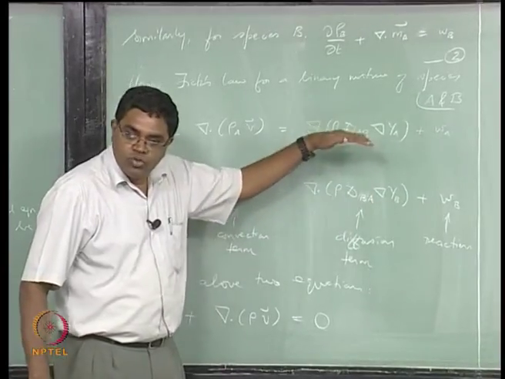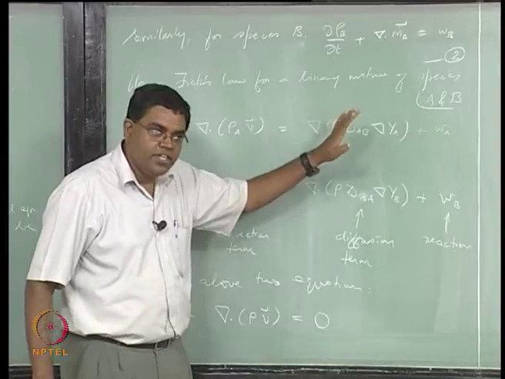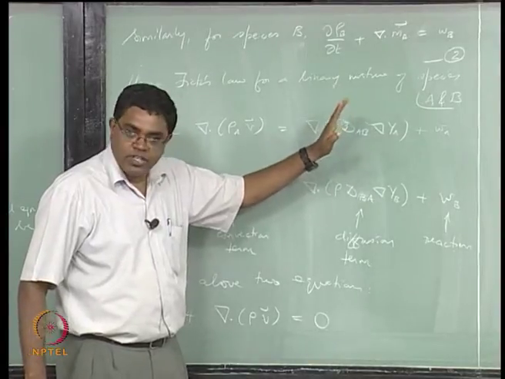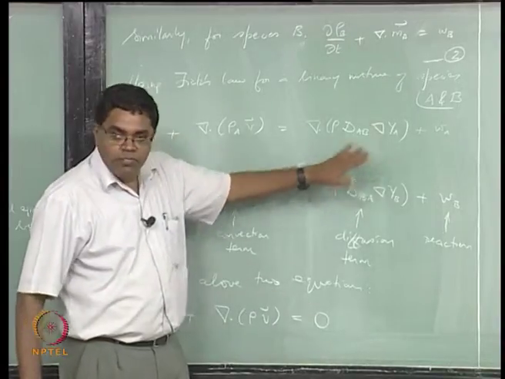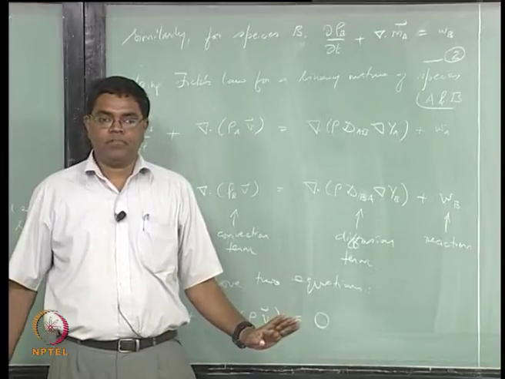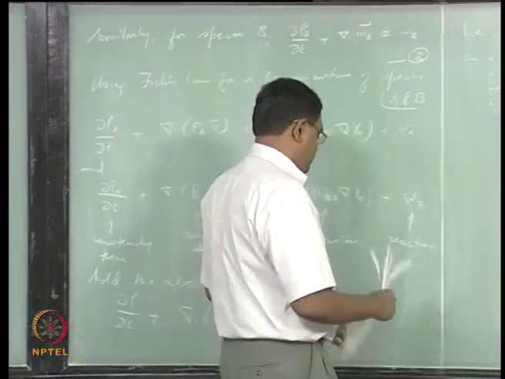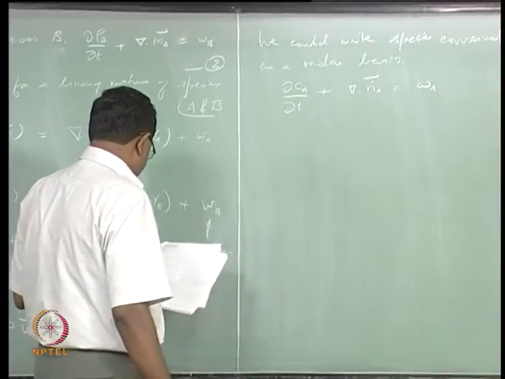You now add these two, you will still have 0 because you're now going to get gradient of XA plus XB, which is 1 again, right, just like YA and YB, right? So this is going to be 0, but omega A plus omega B is not going to be 0, right? That's the only difference.